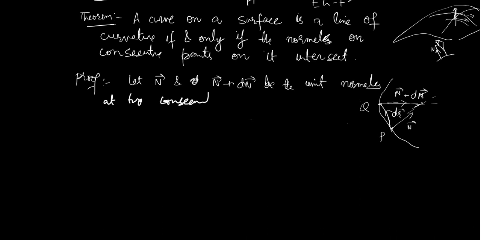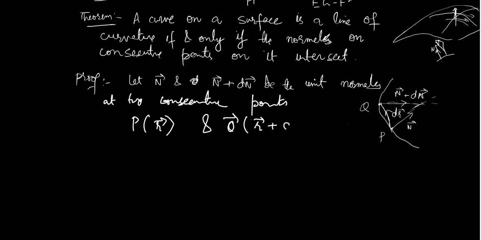Which we have denoted by, of course, P, which has some position vector. Let's call it R, because we are living inside the R3 space. And of course let the position vector of Q, the consecutive point, not surprisingly, be R plus a small increment on R, as we have done before.